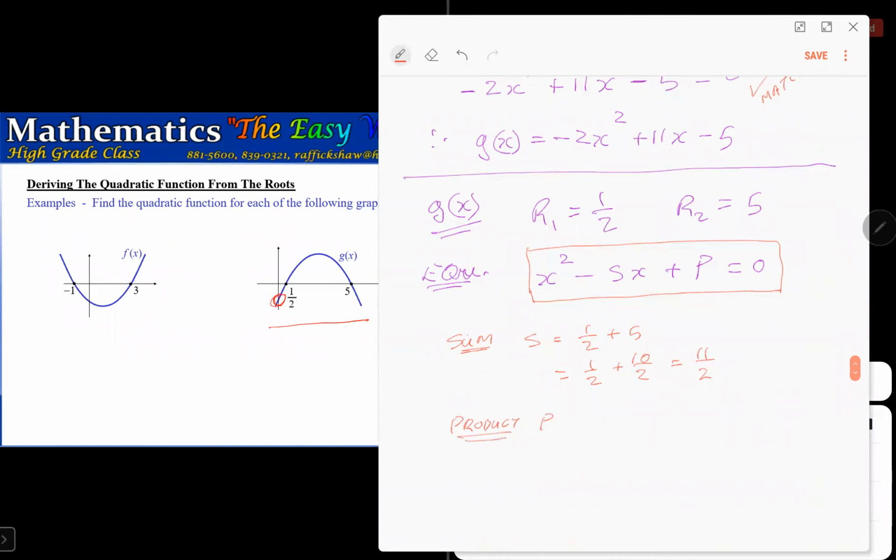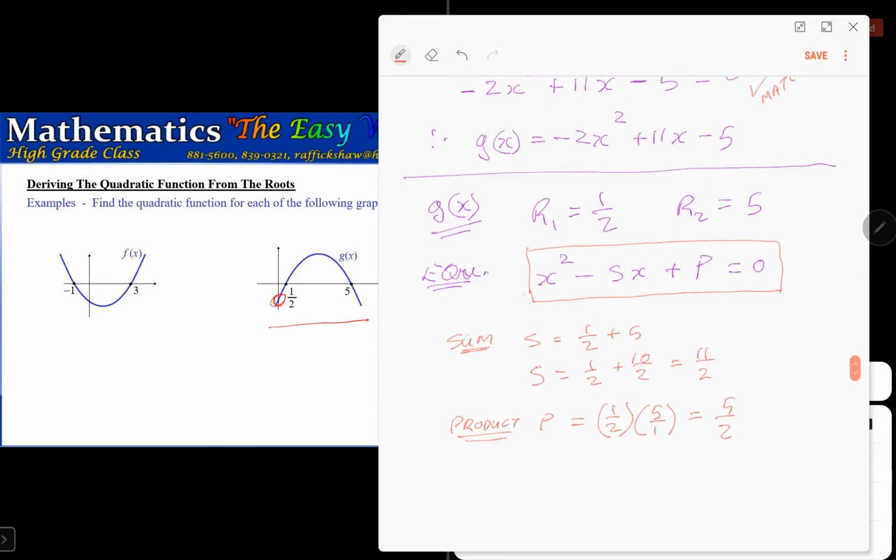For some reason, I think I like this method better. This method is good for you because you're going to use it if you decide to do add maths and pure maths, this second method. So the product of the two roots will be half times 5, and the 5 is the same as 5 over 1. Half times 5 becomes 5 over 2. All right, simple as that.